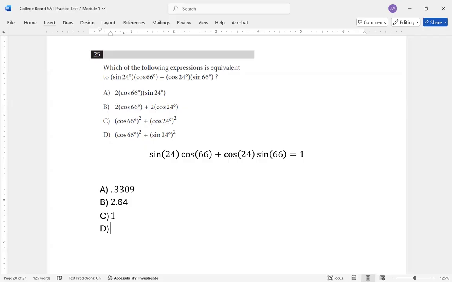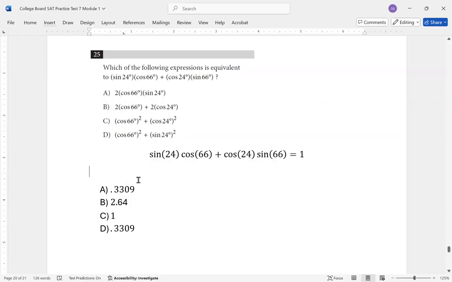But just for the sake of completeness, if you do your calculation with option D, where you take cosine of 66 squared plus sine of 24 squared, you also get that 0.3309 number. So A and D actually are the same values. But C is the correct answer, and that's probably the most straightforward way you could do this.